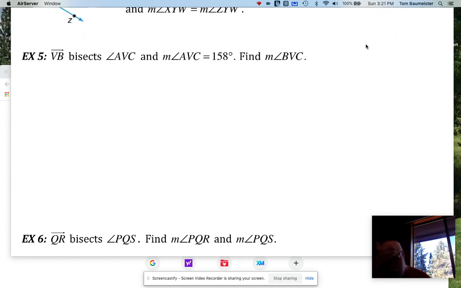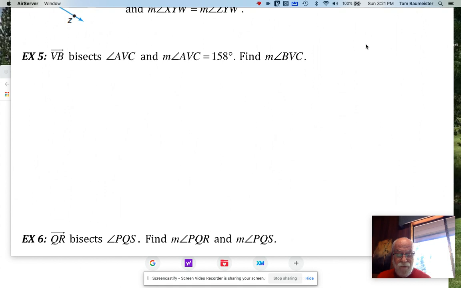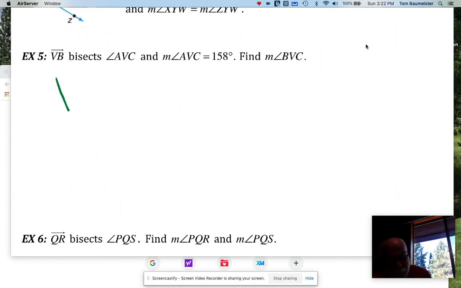So let's see here. Example 5. VB bisects angle AVC, and we know that the measure of angle AVC is equal to 158. Find the measure of angle BVC. So on this one here, you know, ladies and gentlemen, that it bisects it. First of all, we know that it's an obtuse angle, so let's just go ahead and draw an obtuse angle here. It doesn't have to be perfect, we just have to make it look fat.